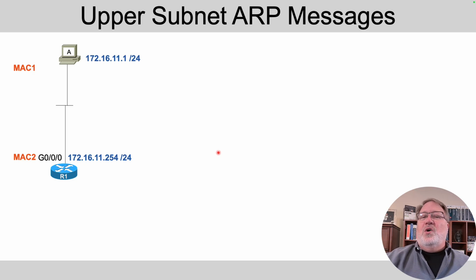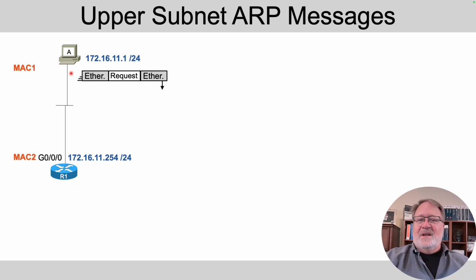So no one has ARP table entries. A wants to send this packet. A says, I need an ARP table entry that says what MAC address to use to send a packet to my default gateway of 11.254 here. So let me send an ARP request onto the LAN with a target of 172.16.11.254 with a MAC field that designates, I don't know what your MAC address is.